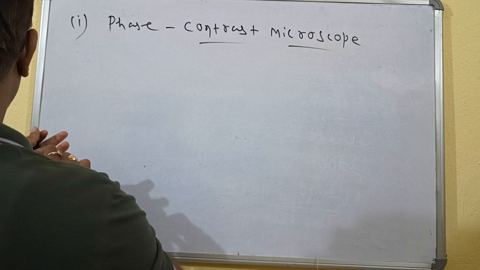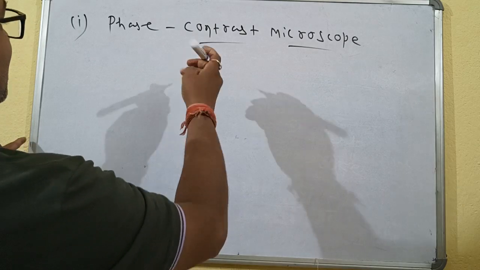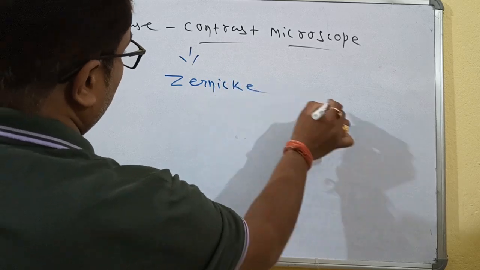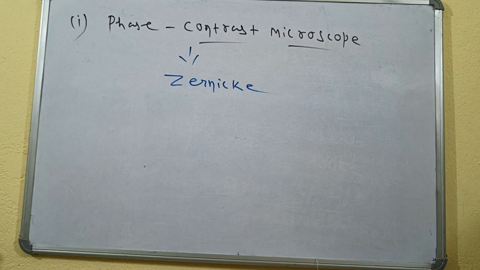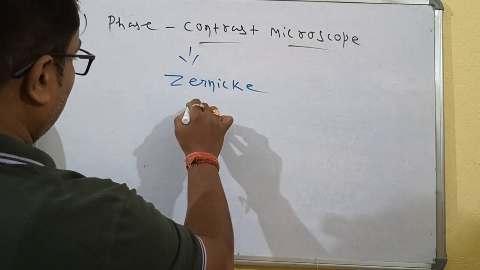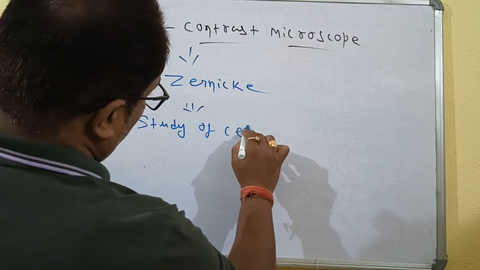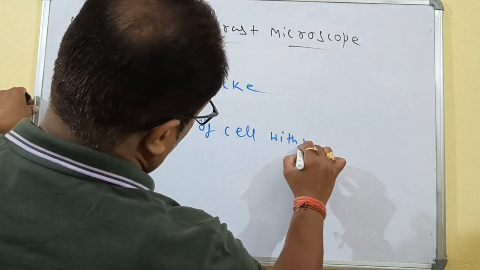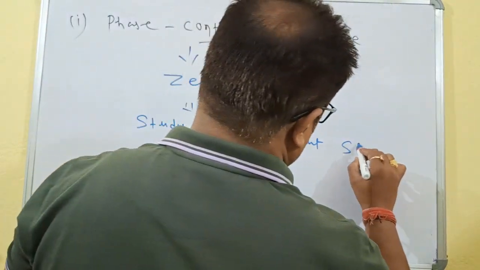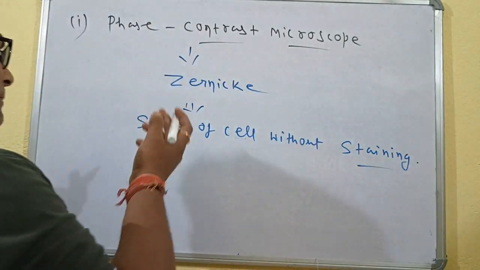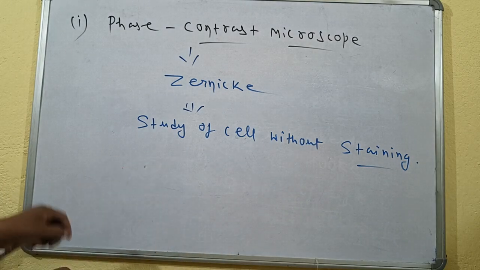The phase contrast microscope was discovered by Zernike. It allows a study of cells without staining. In this microscope, cells are studied without staining.